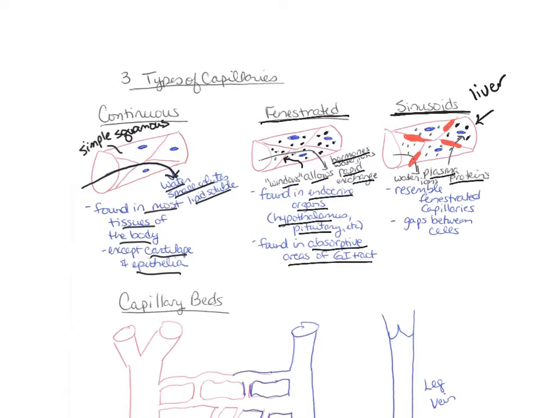Now, most of the time, plasma proteins stay in the blood and they can't get out. But the liver makes plasma proteins, so we need to somehow get those plasma proteins from the liver cells into the blood, because that's where plasma proteins are supposed to be. So as the liver makes those plasma proteins, the cells of the liver, which are called hepatocytes, will release those plasma proteins, and then the plasma proteins can enter into the blood through those gaps, which are called sinusoidal gaps in the sinusoidal capillaries.